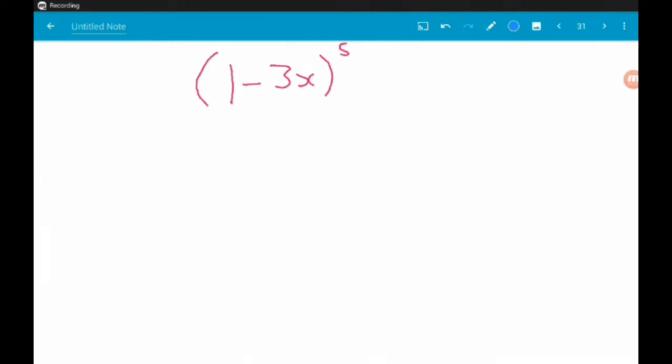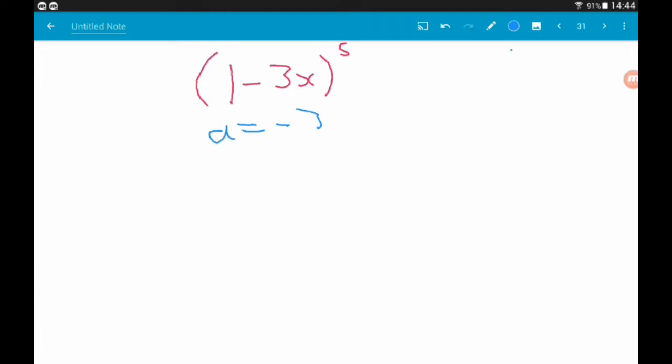Okay, next example, we want to expand 1 minus 3x to the power of 5. So here, a is minus 3. Now instead of playing around with chooses, I'm going to use Pascal's triangle to get my coefficients.